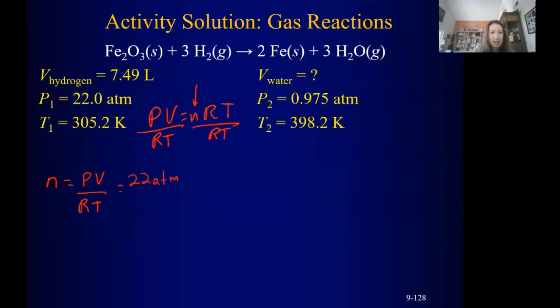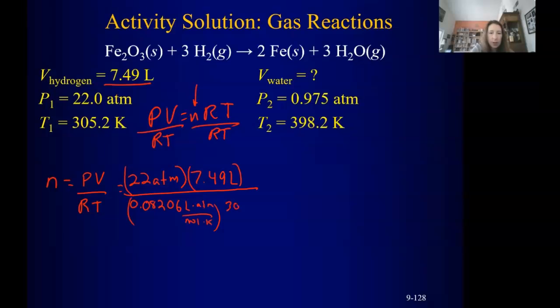I'll worry about my sig figs in the end. Our volume, 7.49 liters. Our R, I think I'm going to use the big one, 0.08206, and the units are liter, atmosphere, per mole, K. And then our temperature, 305.2 Kelvin. This is going to give us our moles of hydrogen, right?